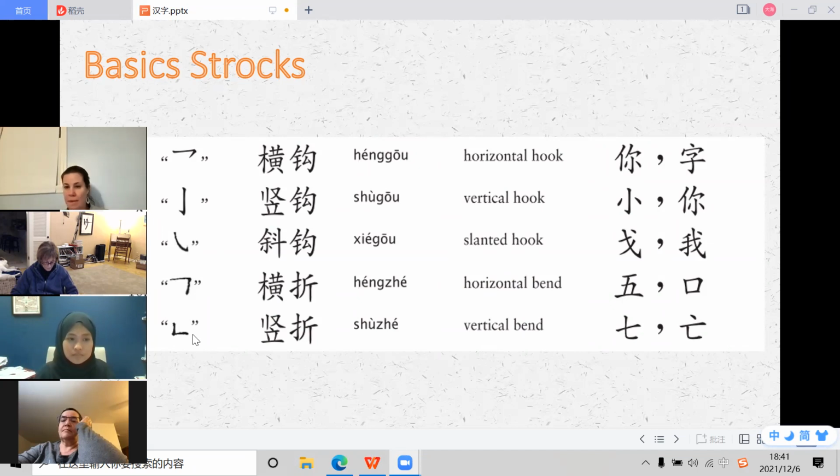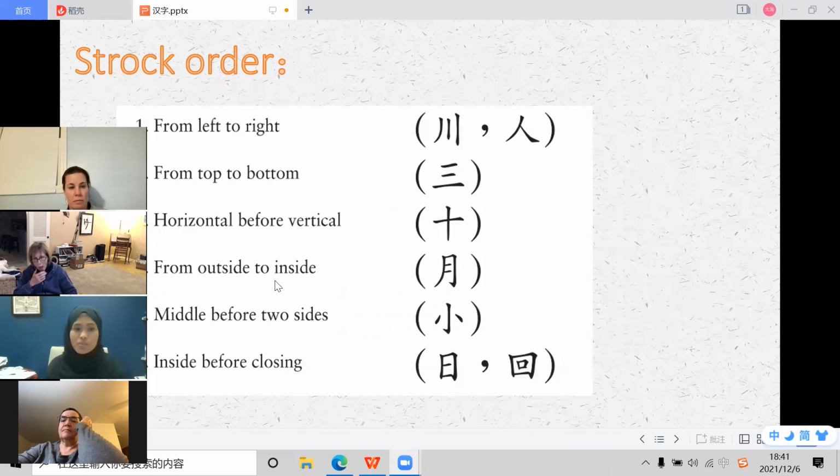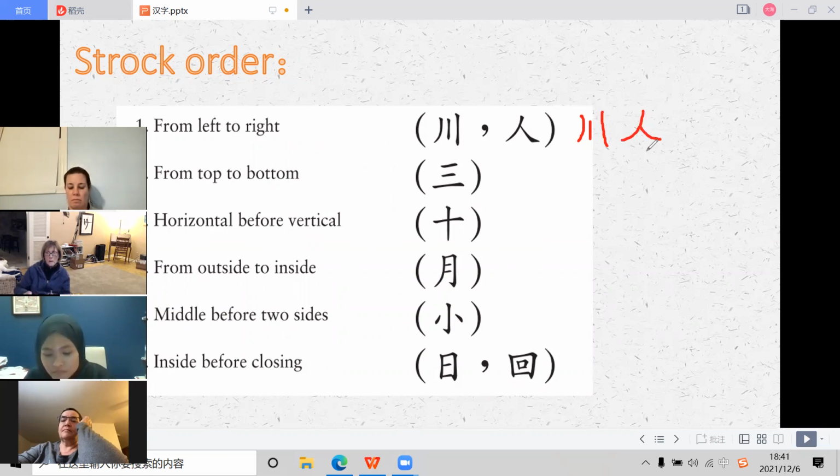Yeah, so these are the basic strokes and how the stroke order works. First one is from left to right. For example, this is 川, from left to right, and 人, left to right. And the second rule is from top to bottom.